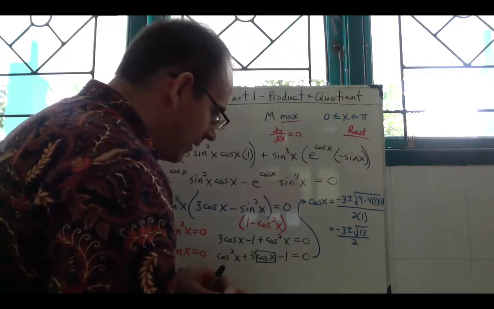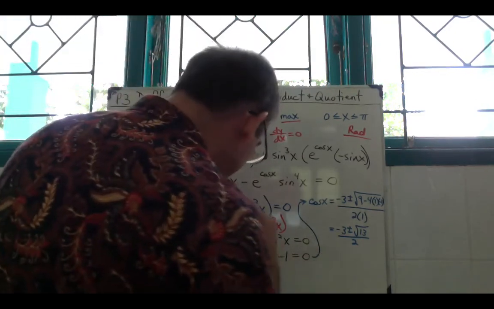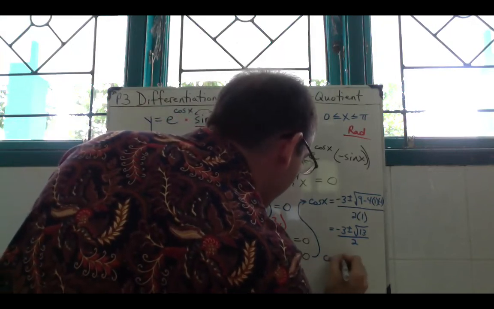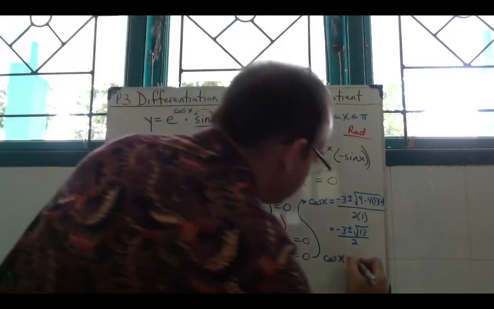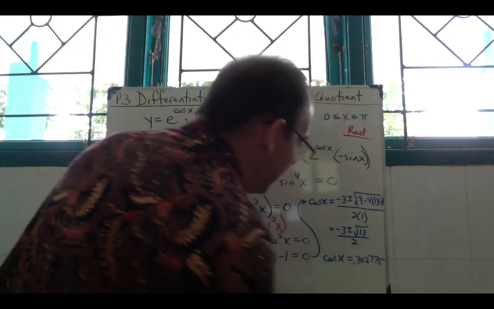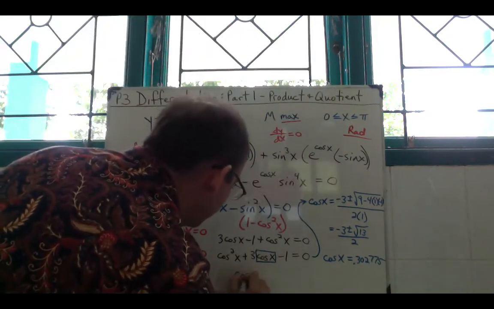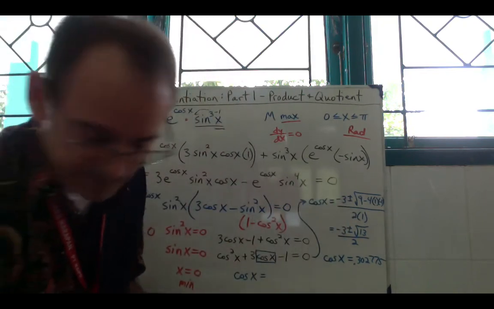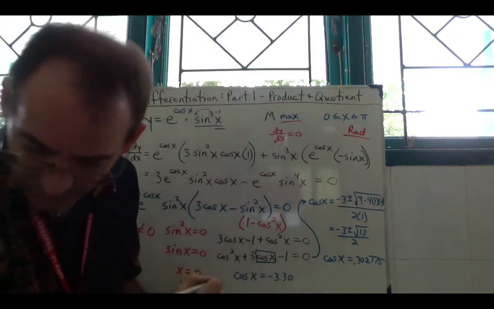And when we do that on our calculator, we get cosine x equals 0.302775 is one of them. The other one that we get, I'll put it over here. When we do the minus part, we get a negative 3.3027.